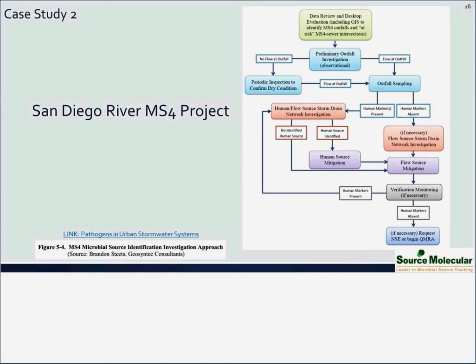So by doing two different genes, you're increasing your confidence, because you're going to find one gene maybe in higher concentrations than the other gene in some examples. One of them is the original source tracking qPCR gene, and the other one is the US EPA developed and licensed gene.